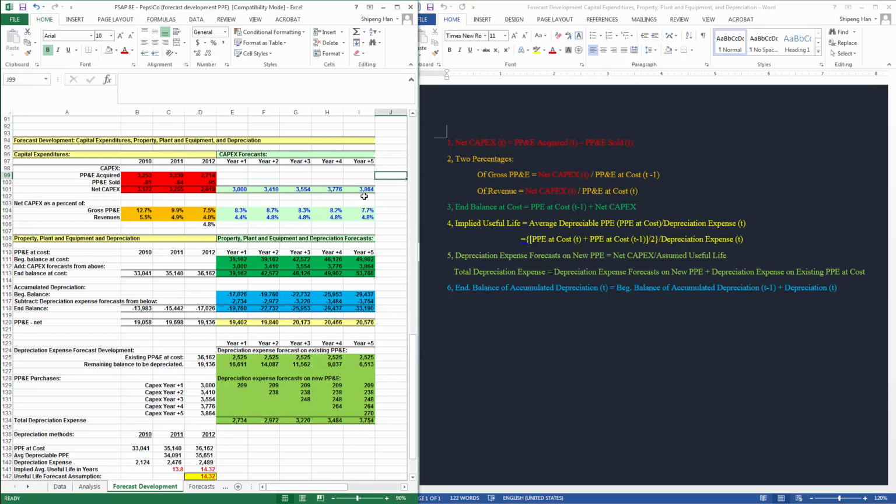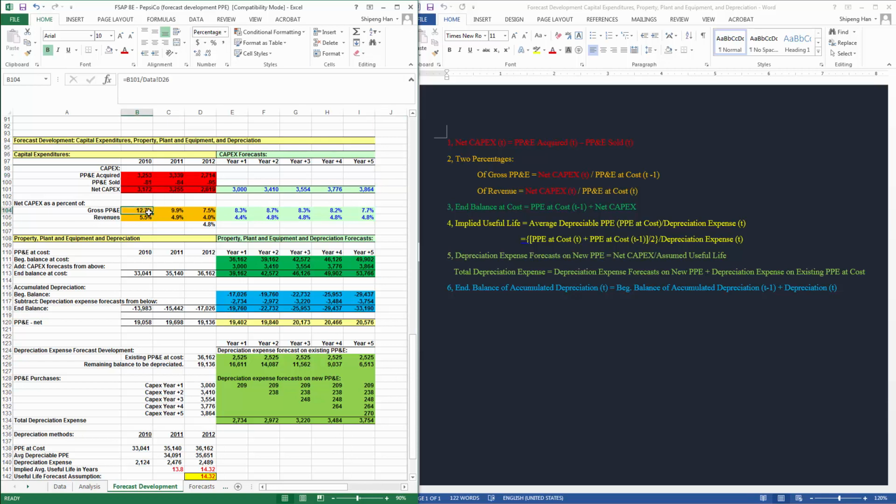So actually we can base it on two ratios. So let's go to the formulas of number 2. So that's the meaning of these two percentages. One is percentage of gross PPE, the other is percentage of revenue.